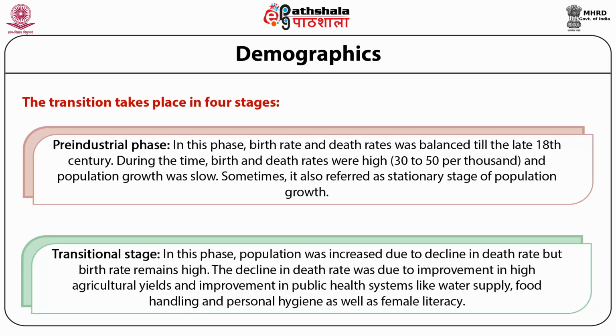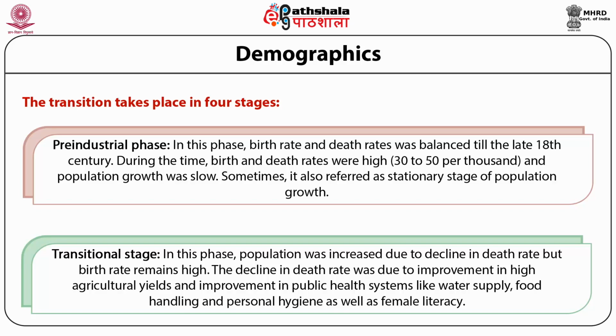Due to decline in death rate, rapid increase in population growth occurs, and the gap between birth and death becomes wider. There is a change in the age structure of the population as deaths are confined to 5 to 10 years ages.